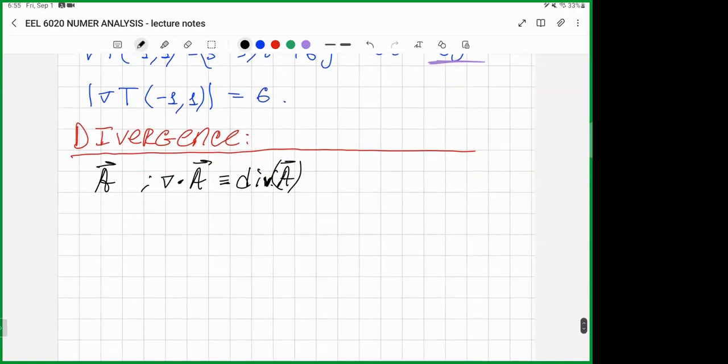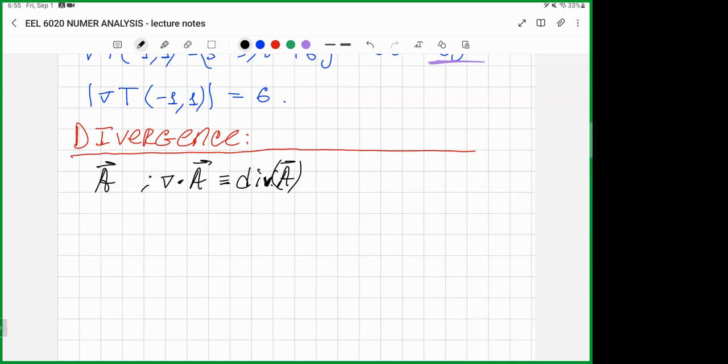So the importance of divergence, why we need divergence. In contrast to scalar fields, vector fields can have sources and sinks, right?